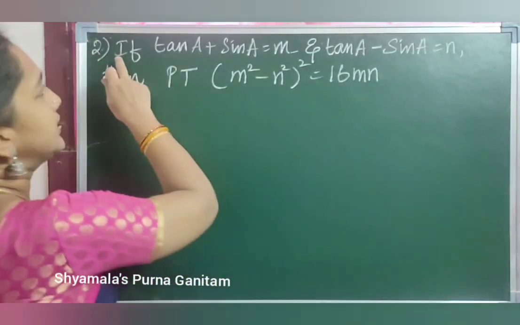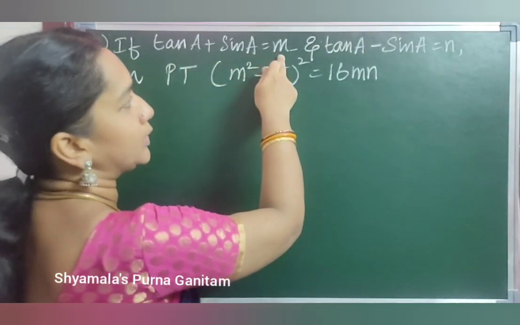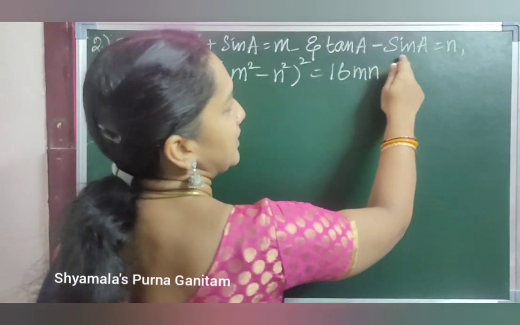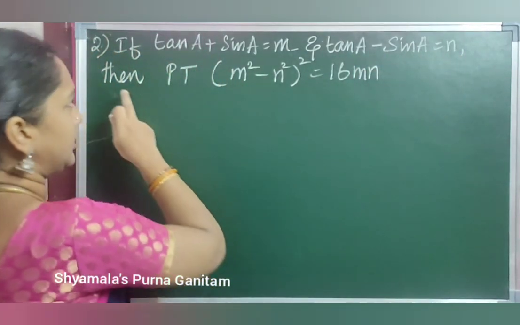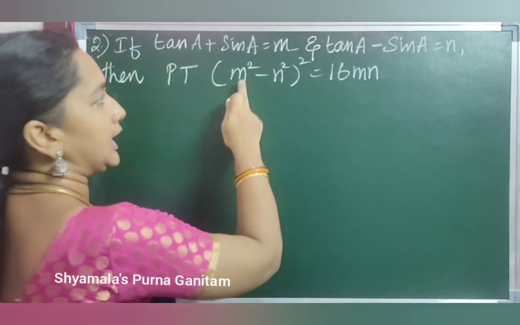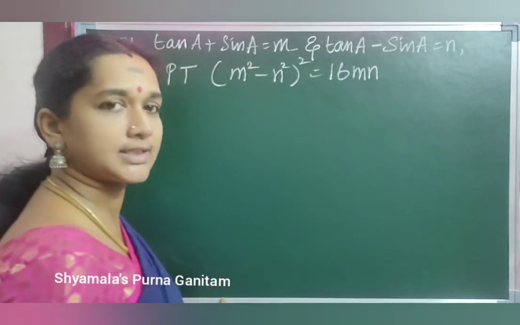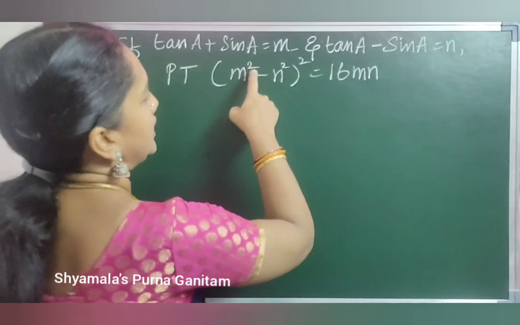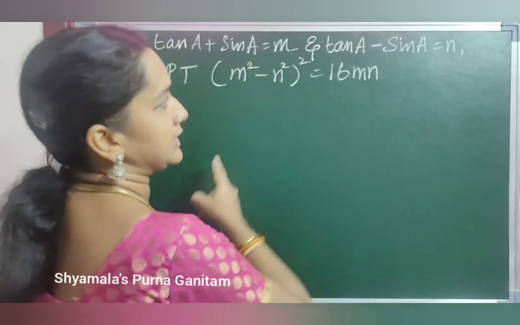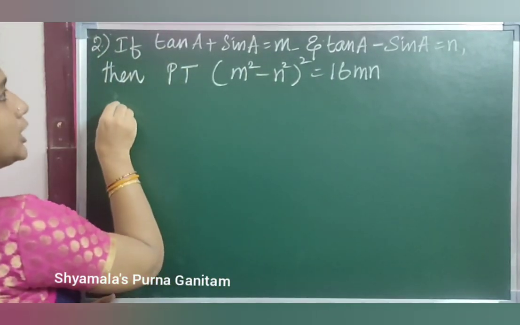Next sum is, if tan A plus sin A is equal to m and tan A minus sin A is equal to n, then prove that m squared minus n squared the whole squared is equal to 16mn. So in this, m squared and n squared are given. So first we will find out that one.